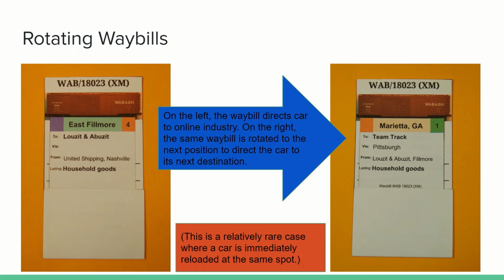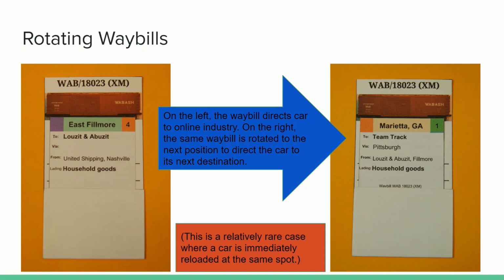So how does a waybill rotate? On the left here, you can see that the waybill's directing the car to an online industry, in this case the lose it and abuse it shipping industry, and it's coming from Nashville. And then you can see the 4 in the upper right hand corner, that 4 indicating it's the 4th of the 4 cycles.